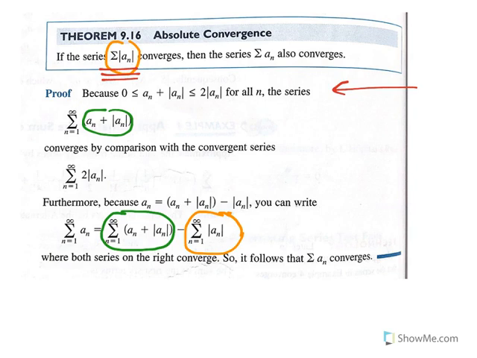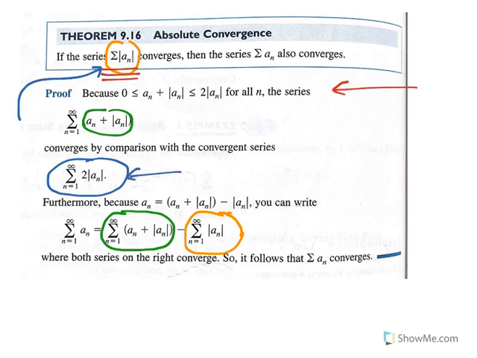And if you look at that and you think about the direct comparison test, here's what we can conclude. By hypothesis, we know that the absolute value series converges. So this is a constant multiple of a convergent series. So by Theorem 9.7, this one converges.